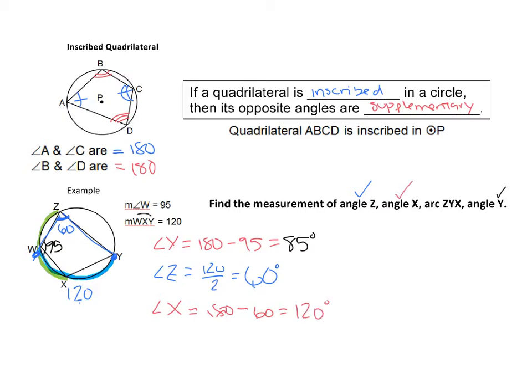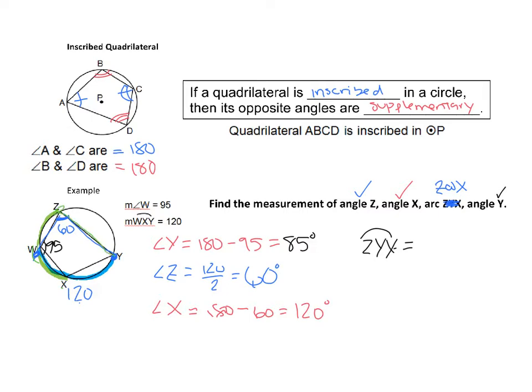Check. So now the question is asking, what is the measurement of arc ZYX? That's a typo. It's supposed to say ZWX. We're supposed to be looking for the one in green. So, to find arc ZWX, which is the one in green, again, we're looking for an inscribed angle.